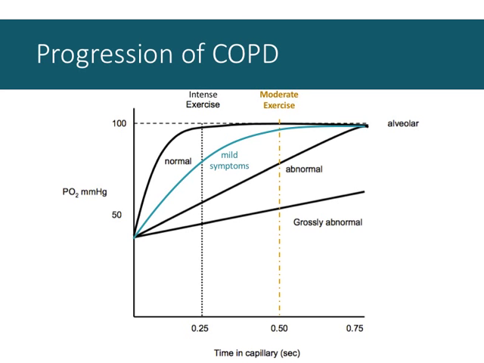You still have full onloading of oxygen with a somewhat reduced transit time. So exercise intolerance at high intensities might be one of the first indications of symptoms. As COPD progresses, well, clearly, we'll call this the abnormal trace now. Clearly, exercise intolerance is not only evident at high intensities, but also at moderate intensities as we have significantly impaired oxygen loading into the arterial blood.